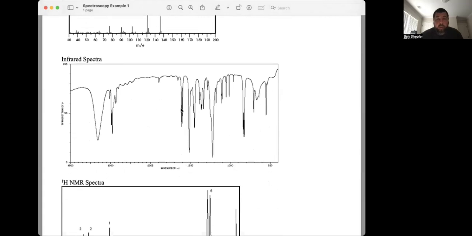So in the IR, one of the first things I typically will do is draw a line. Let's use a different color. Looks like it won't let me do it on the iPad. So let me try and draw it here on my laptop.